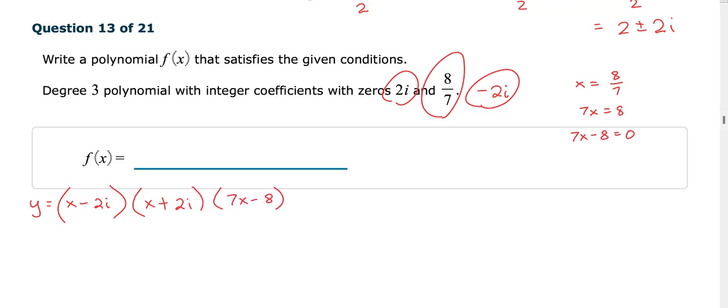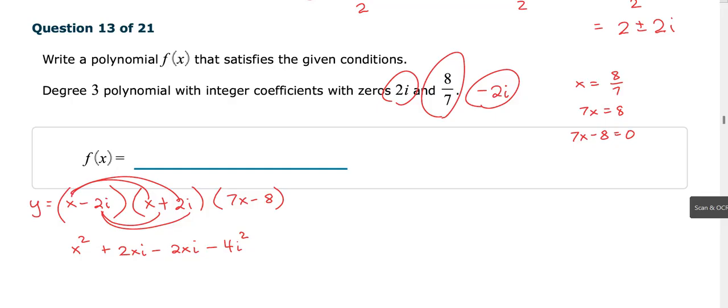Okay, now I need to multiply this out. I get x squared plus 2xi minus 2xi minus 4i squared. But remember that i squared is equal to negative 1, so I can get rid of the i squared if I change the sign out front to a plus 4. Okay, I want that multiplied by 7x minus 8. Can I clean that first factor up? 2xi minus 2xi is gone, so I have x squared plus 4 times 7x minus 8.